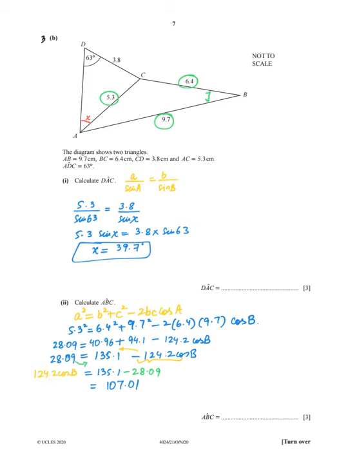When you shift it to the right side, it will be divided by 124.2, and on the left side we have cos B. After the inverse of cos you will get angle B, and that is equal to 30.5 degrees. That is your answer.